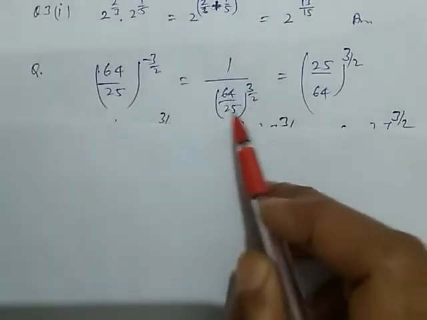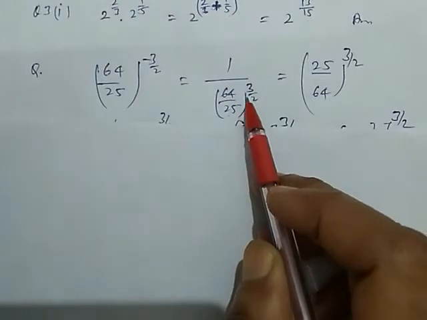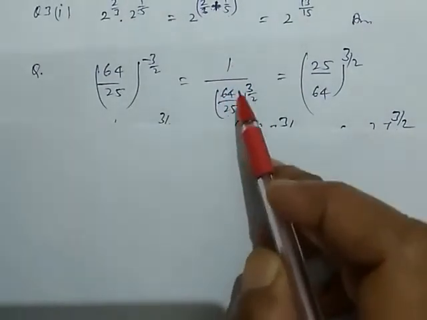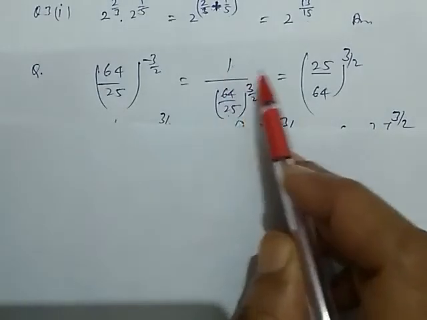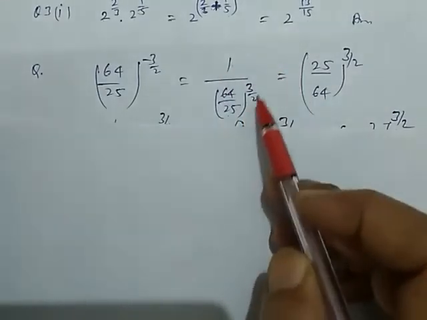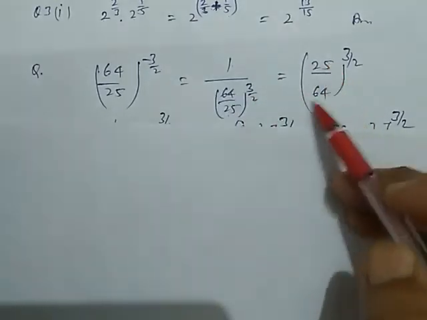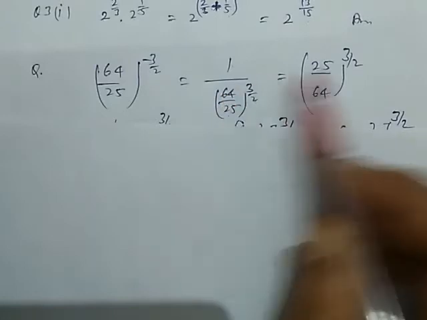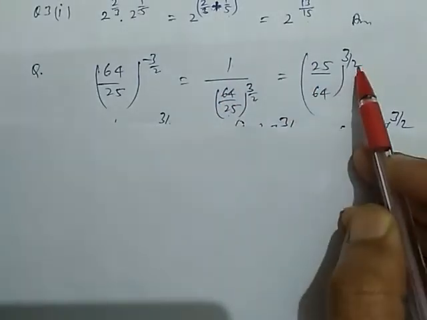Now when we solve this, 1 divided by this means we multiply by the inverse, so the whole is inverted. We invert this, so this becomes 25 by 64 whole power 3 by 2.